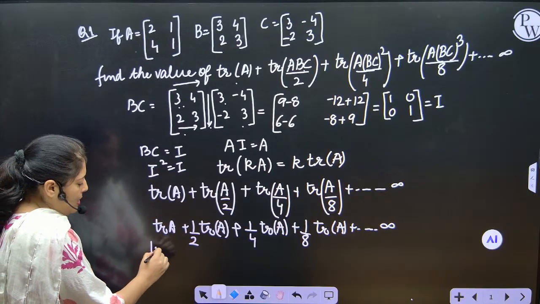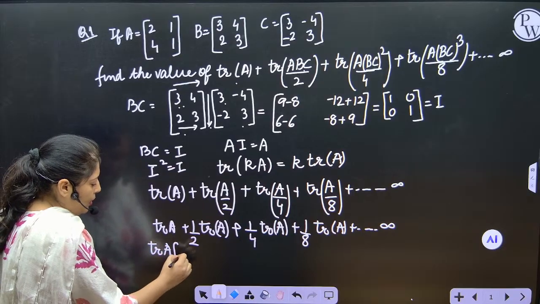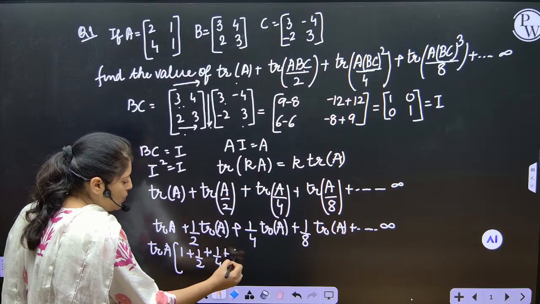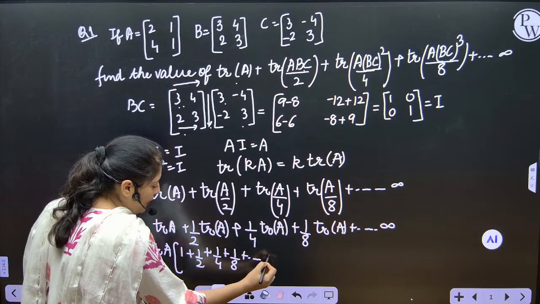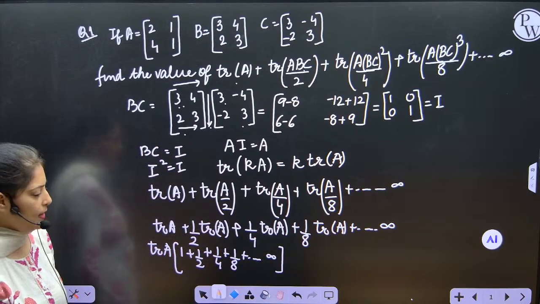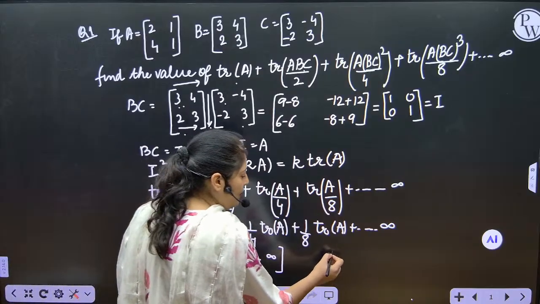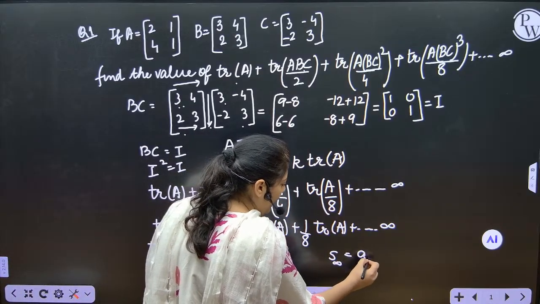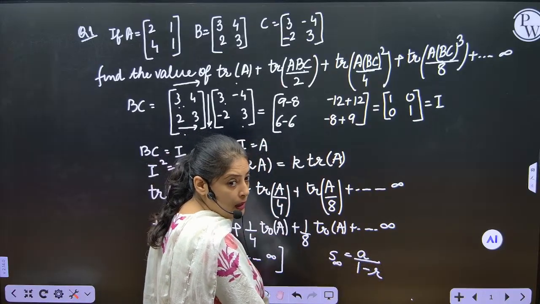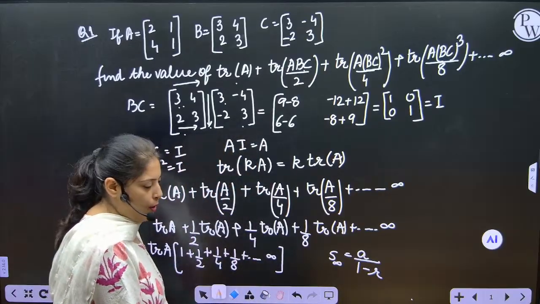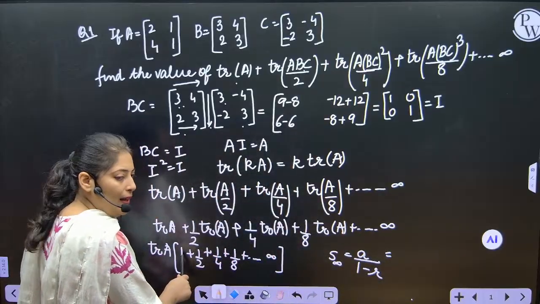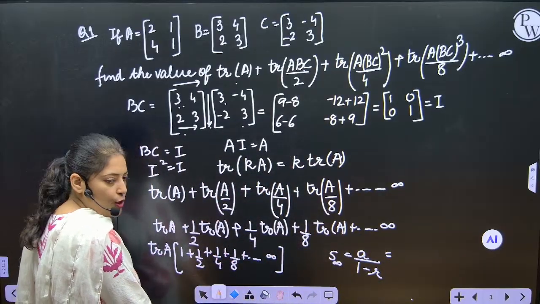And now if I take trace of A common, what will be there? 1 plus 1 by 2 plus 1 by 4 plus 1 by 8, and this is nothing but a GP with infinite terms. The sum to infinity formula is what? a upon 1 minus r, where a is the first term and r is the common ratio. So the first term is 1 and the ratio is 1 by 2.